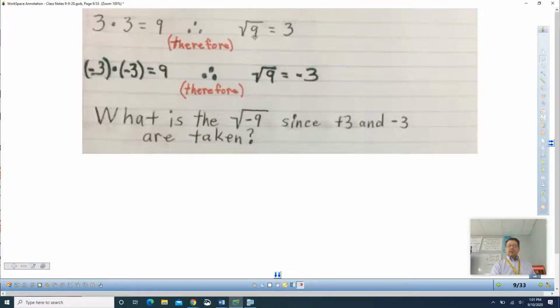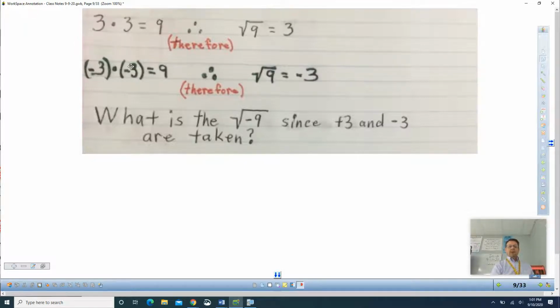Therefore, the square root of 9 is plain old 3. Well, how about negative 3 times negative 3? Well, that's also positive 9. And so now we're pretending like this particular 9 comes from here. So that means the square root is negative 3. So that's why we had that whole plus minus thing going on, because we don't know if it started off as positive or negative.